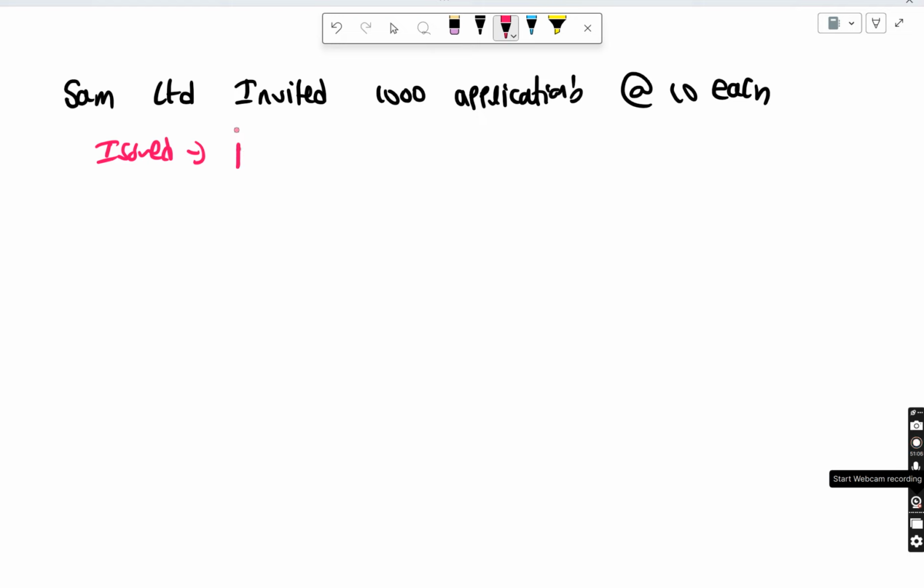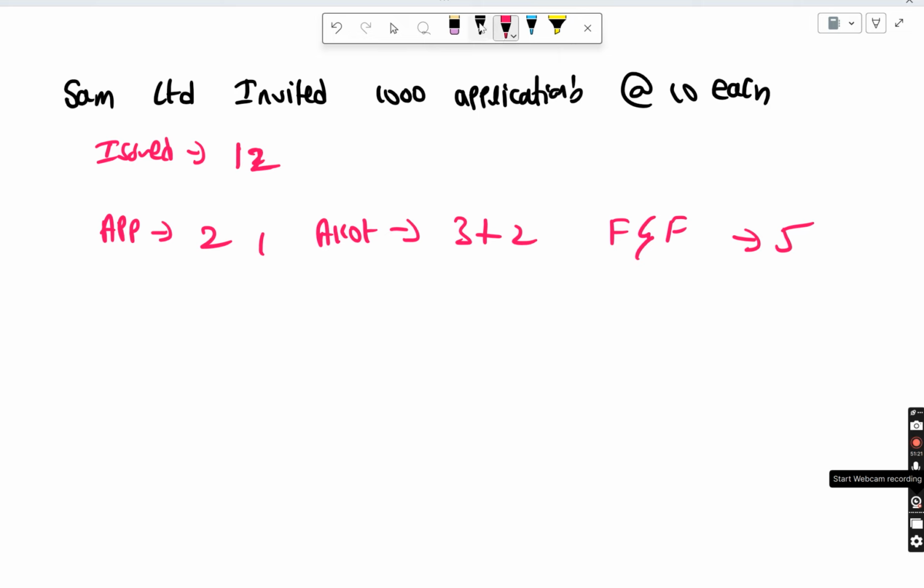Issued at 12 rupees. Issue price is 12 rupees and then application is 2 rupees. Allotment is 3 plus 2. First and final call is 5.